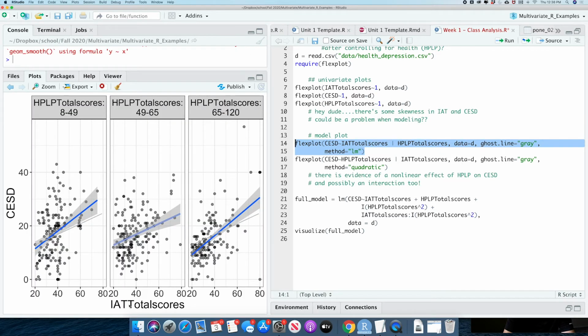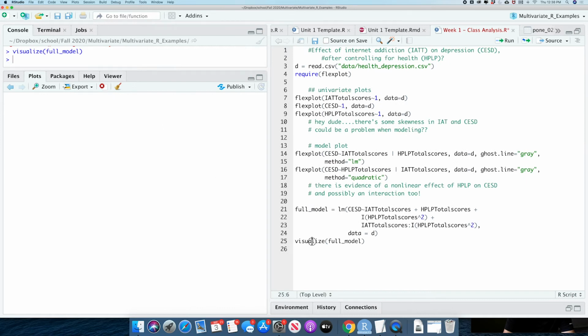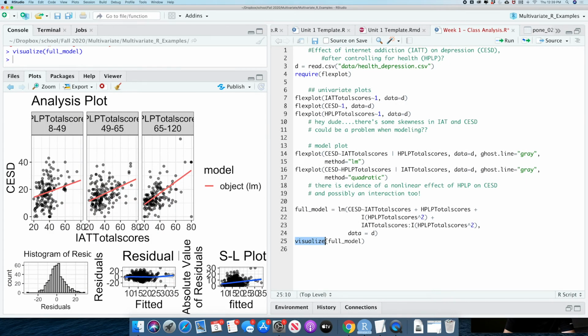And I put IAT total scores on the x-axis? Guess what? When I do visualize, you're basically telling the computer, I don't know what the formula looks like, just visualize it for me. And that's great, except in this situation, where it is visualizing something you don't want it to do. You want to put HPLP on the x-axis.